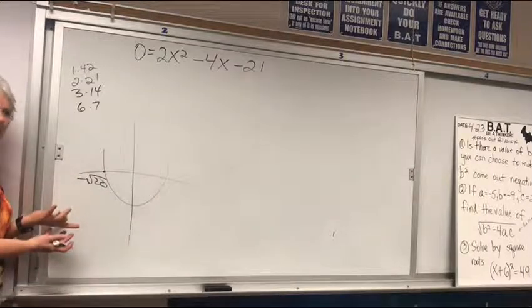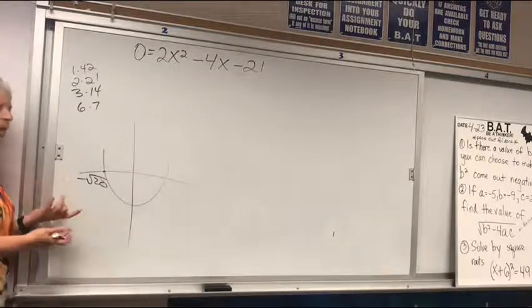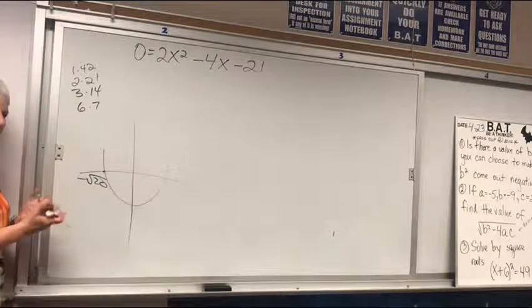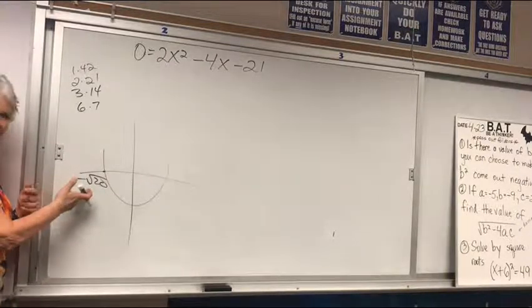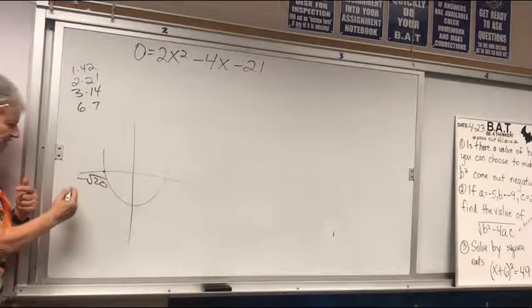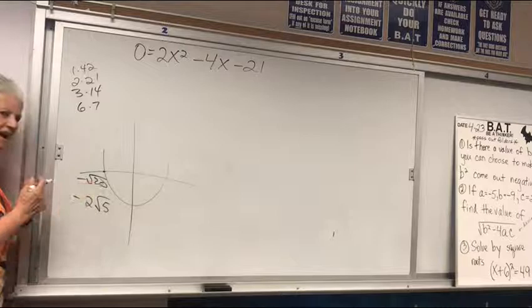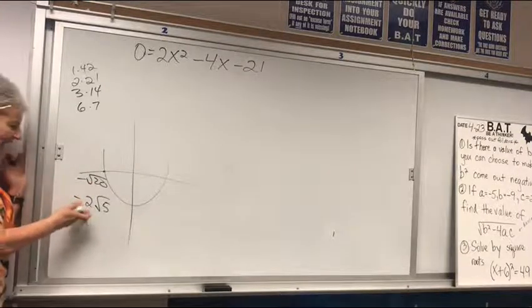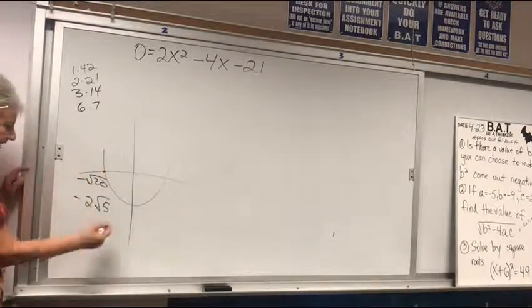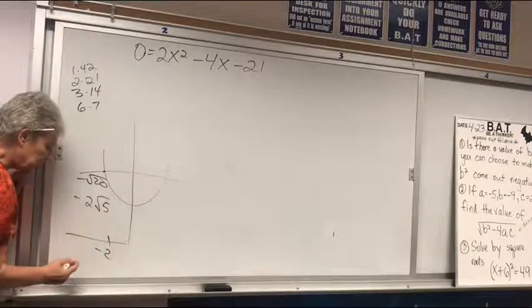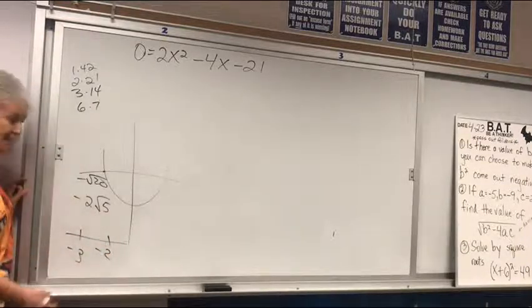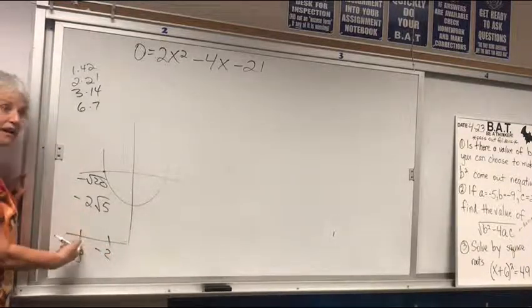There's no way to get that by factoring. You could maybe get it by square roots, depending on the equation, but you're going to have to fix that now to negative 2 radical 5. And somewhere between negative 2 and negative 3 is negative 2 radical 5.